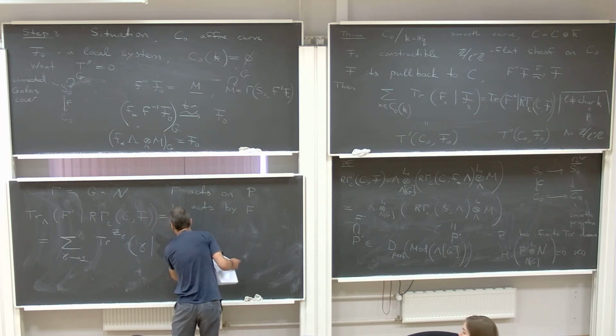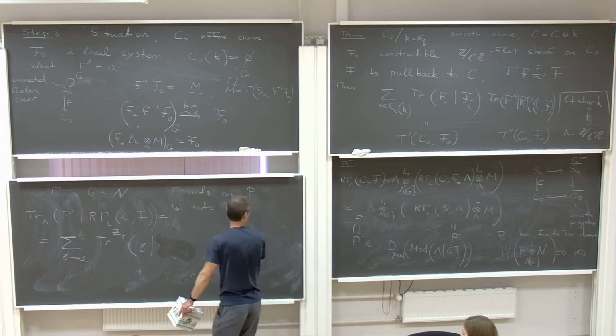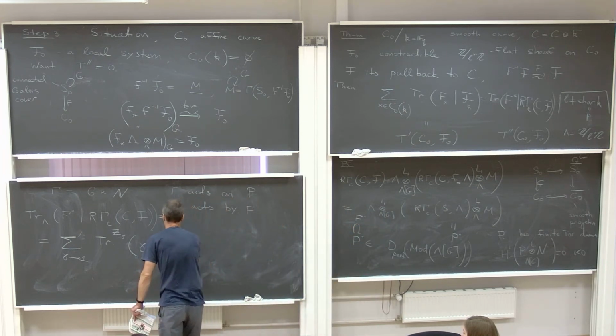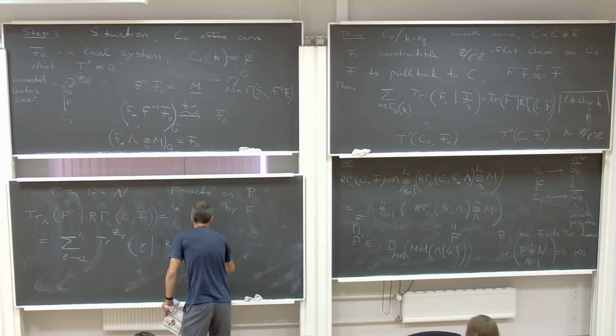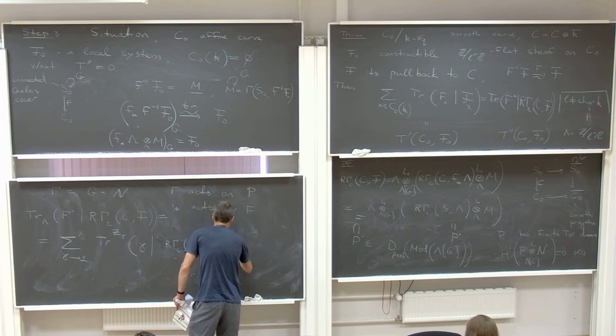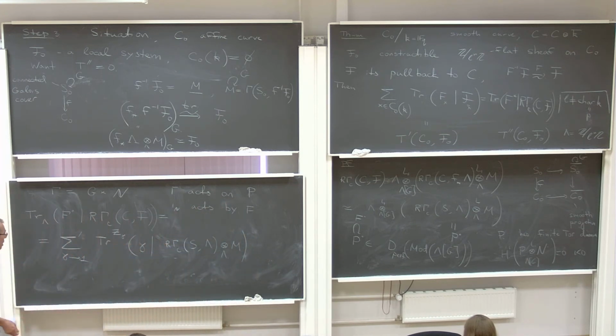I will write it down. So on this guy: R gamma with compact support of S with coefficients here, tensored with M over lambda. Okay?